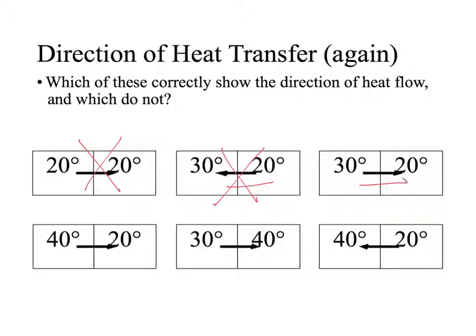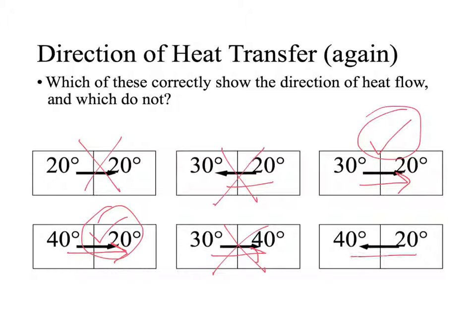How about from 30 to 20? Yes, that is true. What about from 40 to 20? Yes, that's also true. From 30 to 40? No. And from 20 to 40? No. So only two of these are correct.